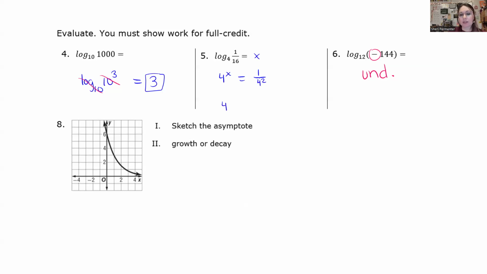So I get 4 to some power is equal to 4 to the negative 2 power. Whenever this base matches this base, you can cancel these out as well, and the answer is the exponent, or setting the exponents equal. So I get x is equal to negative 2.